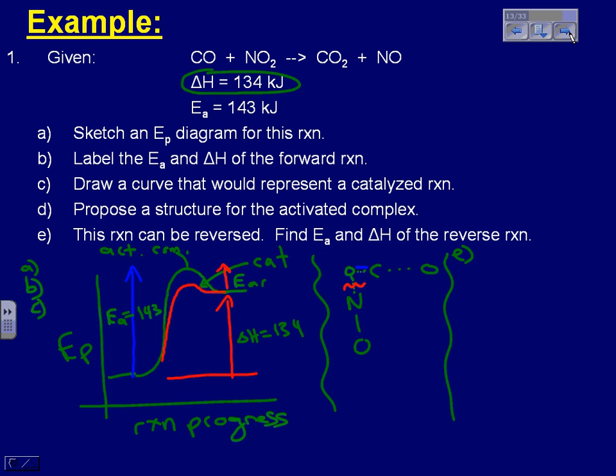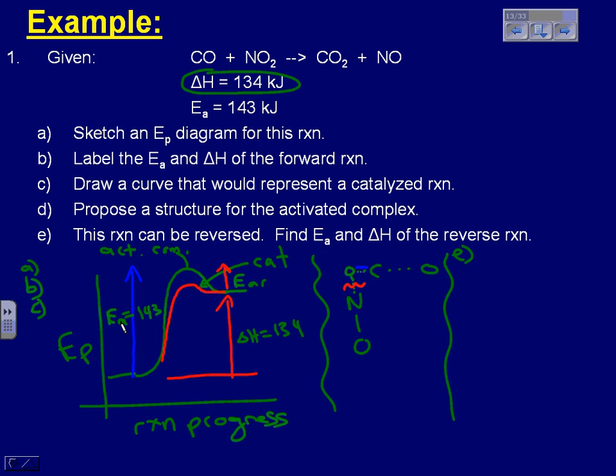So we can see here that there's a mathematical relationship. The delta H plus the EA reverse has got to equal the EA forward. And that's why I don't want you to worry about an equation. You can see it here. This delta H right here plus this EA reverse has to be equal to this number right here.